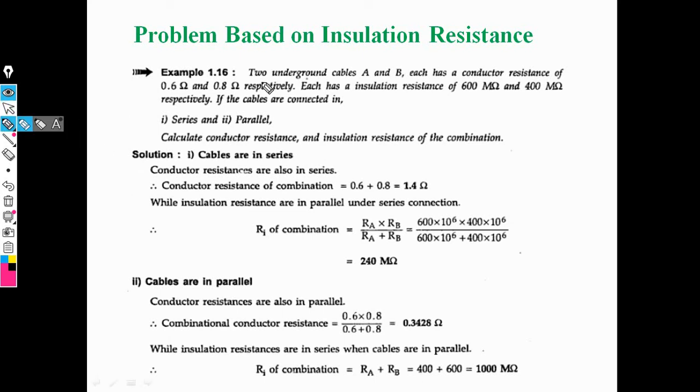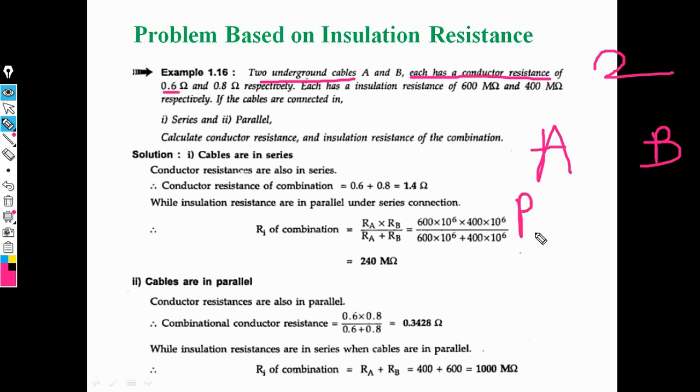Here there are two underground cables, A and B. The conductor resistance of cable A, Ra, is 0.6 ohm, and the resistance of cable B, Rb, is 0.8 ohm.